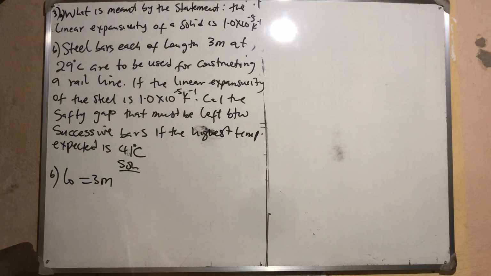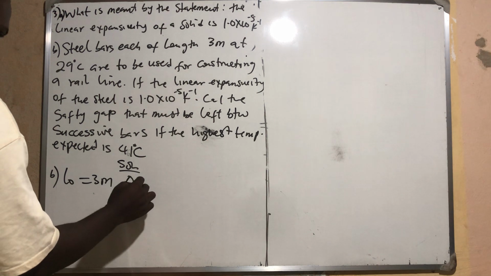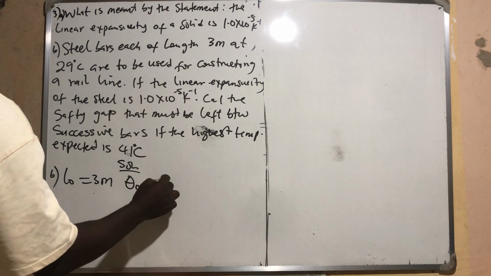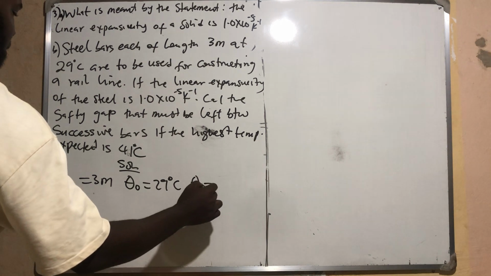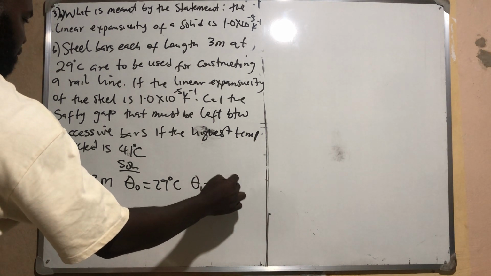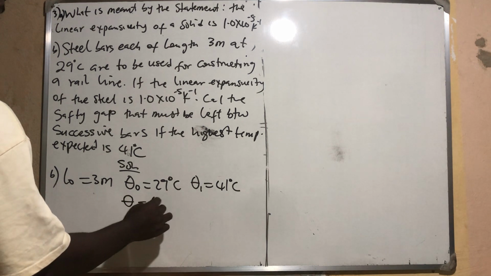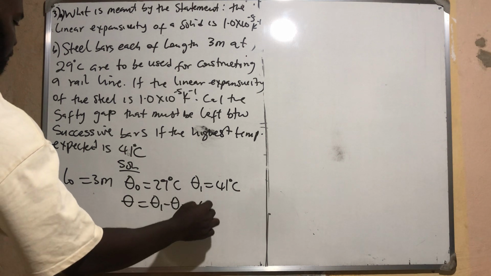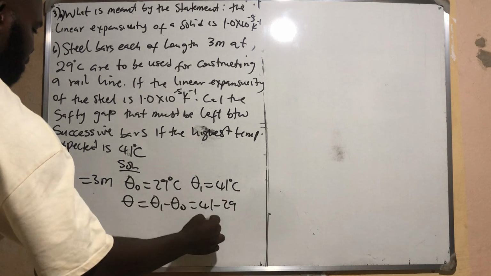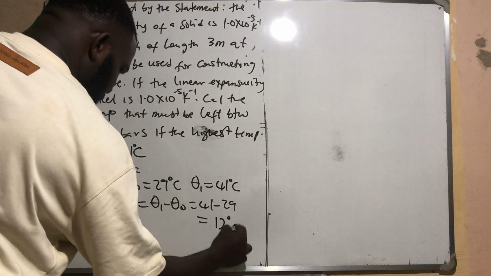They gave us theta naught as 29 degrees Celsius and theta 1 as 41 degrees Celsius. So theta, which is theta 1 minus theta 0, will be 41 minus 29, so you have 12 degrees Celsius.